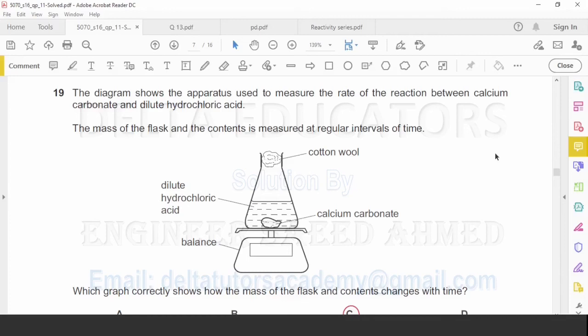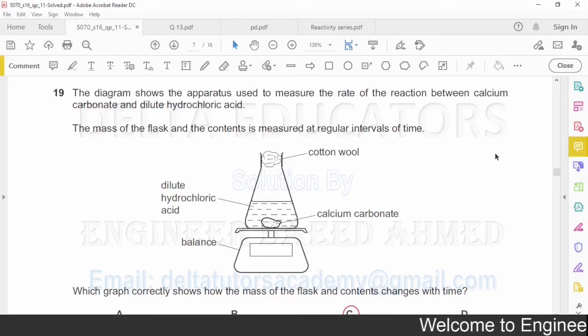Calcium chloride is soluble in water. Now when calcium chloride, water and carbon dioxide are formed, the carbon dioxide may escape from the conical flask, but calcium chloride that is soluble in water will remain inside the conical flask. So the mass of the flask and the contents even after the completion of the reaction will not be zero.